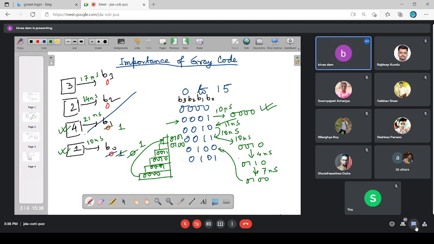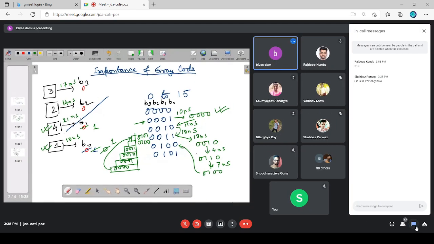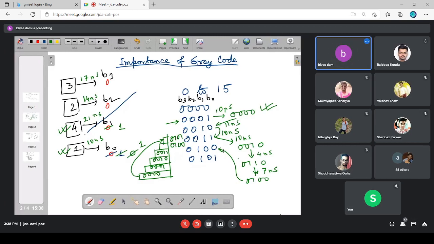Okay. So what is happening, depending on the propagation delay these transient states will arise. If the propagation delays are of different types, these transient states may be of different values, but definitely there are going to be transient states.